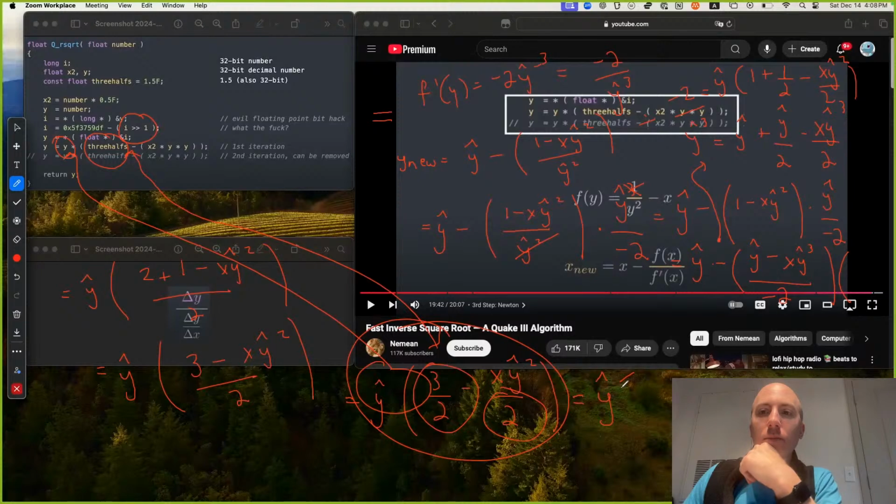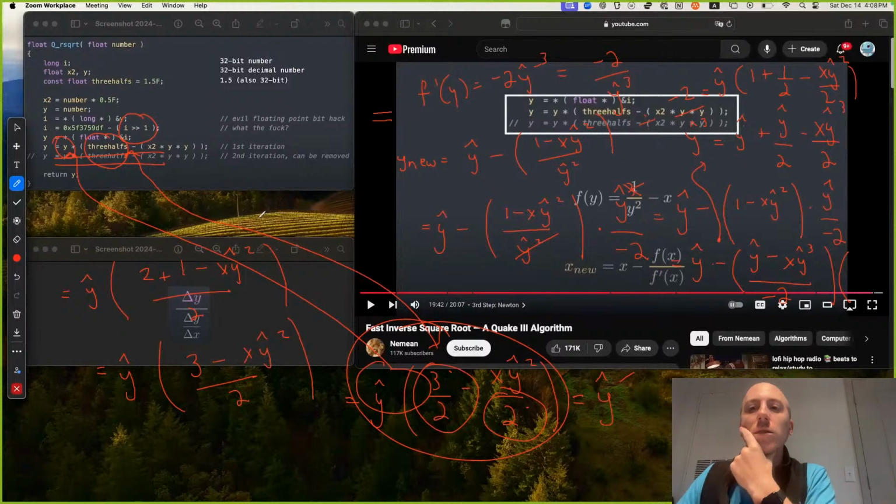Okay. Didn't get it exactly. Maybe just off by a factor of 2 in here, but this is pretty good. I'm pretty satisfied with getting this close to understanding, deriving, understanding this line right here. It's pretty cool.